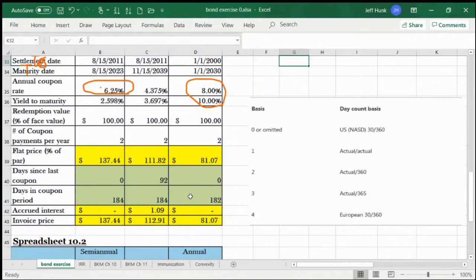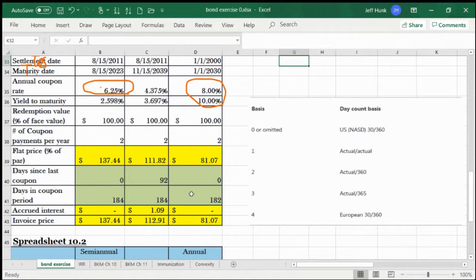Also, we found the invoice price or dirty price. And in Finance 100, we found the stated price or quoted price or clean price.